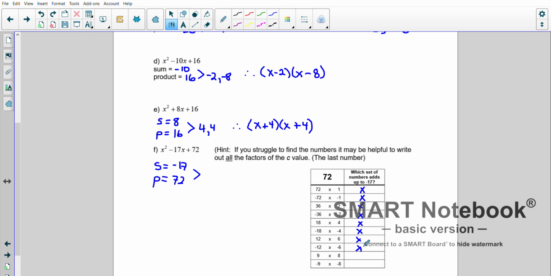Negative 18. This adds up to positive 17. But I needed it to add up to negative 17, so it's all the way there at the bottom. So negative 9 and negative 8, and there's my answer. So this is a pretty big idea. So this is something you want to get really good at.